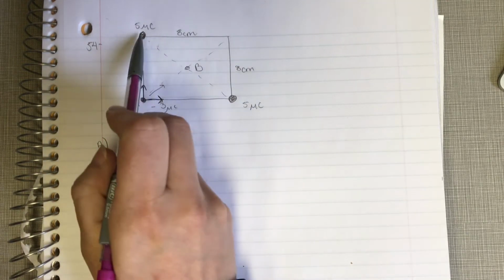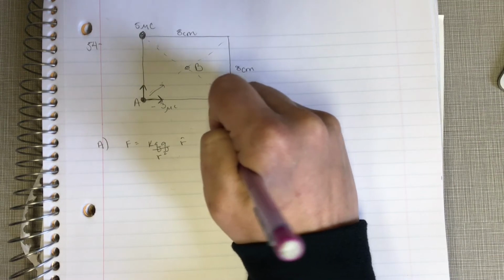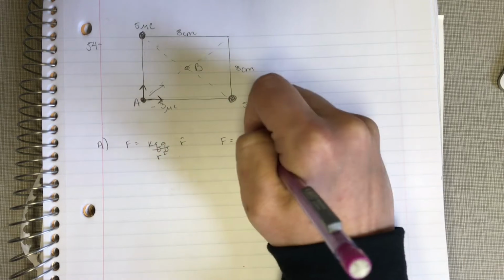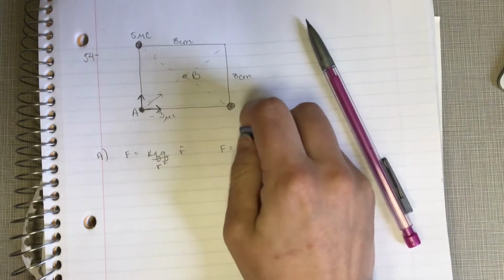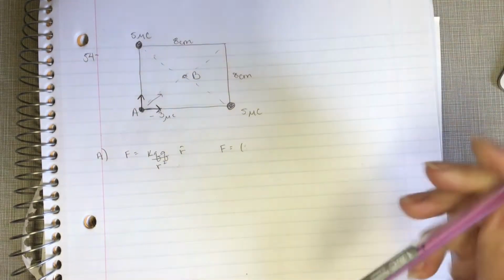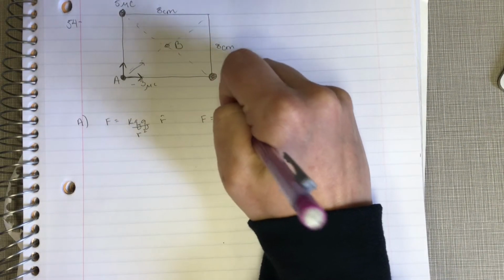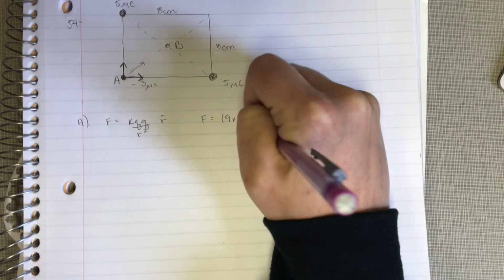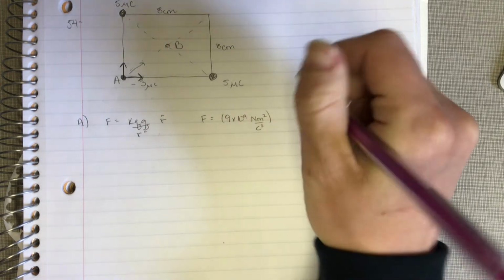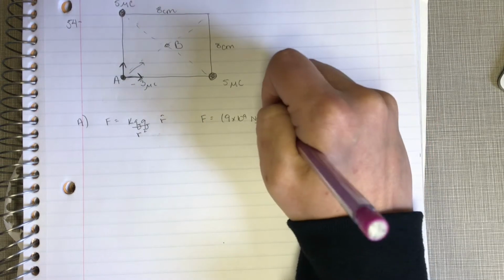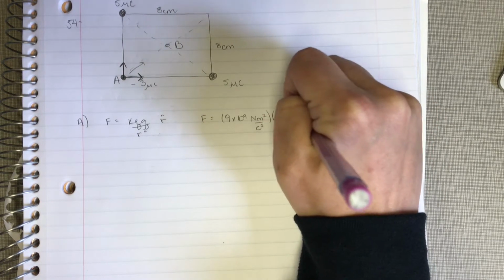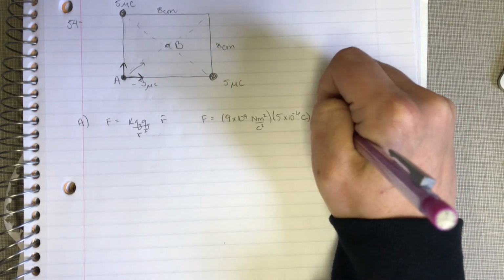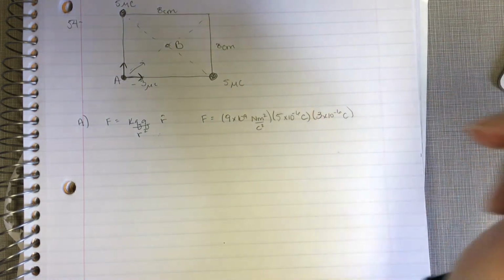So for this charge, we have k, 9 times 10 to the 9 newton meters squared per coulomb squared, times charge 1, which is 5 times 10 to the minus 6 coulombs, times charge 2, which is 3 times 10 to the negative 6 coulombs.